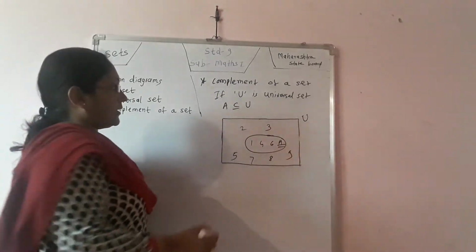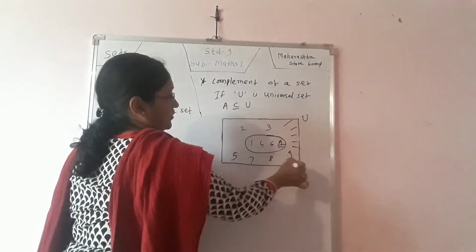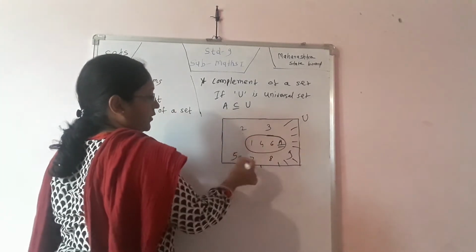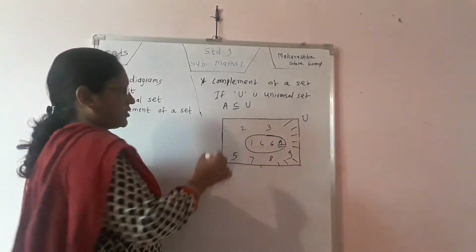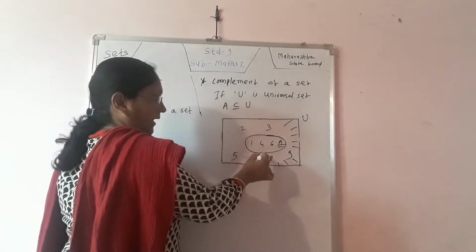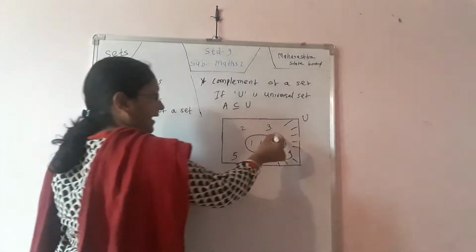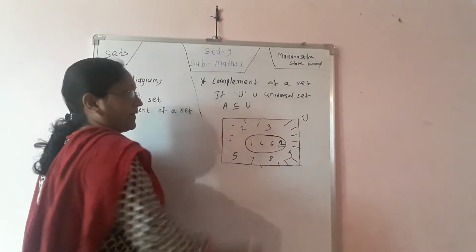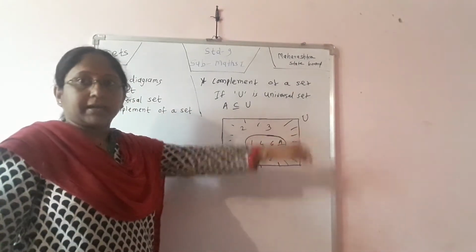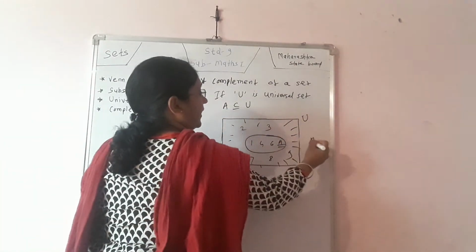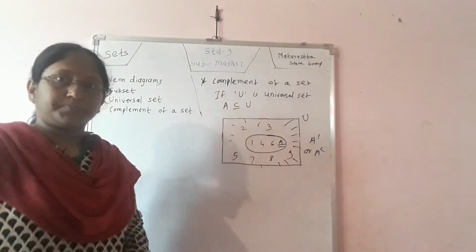Okay, but in this portion there are 2, 3, 5, 7, 9, 8. These are elements which are not in set A, but are present in set U, and that set is called the complement of set A, and it is represented by A dash or A complement. Understood?